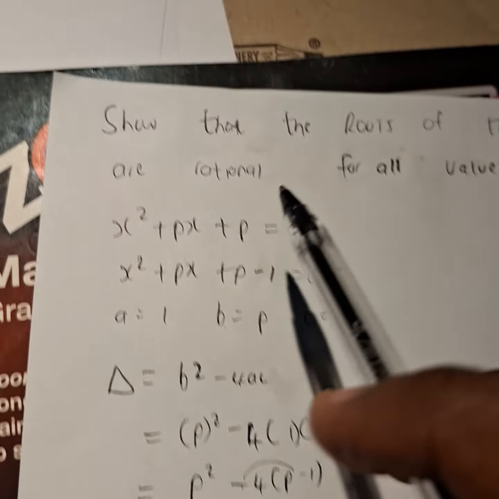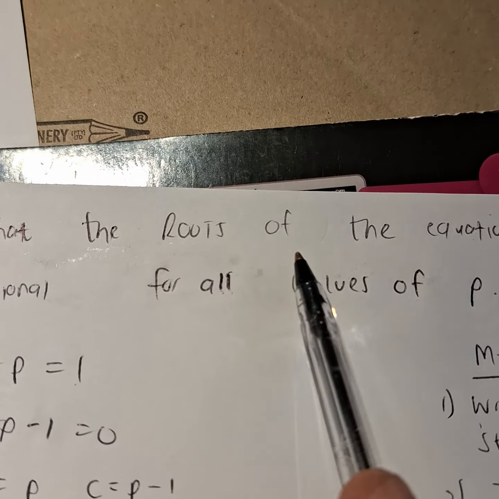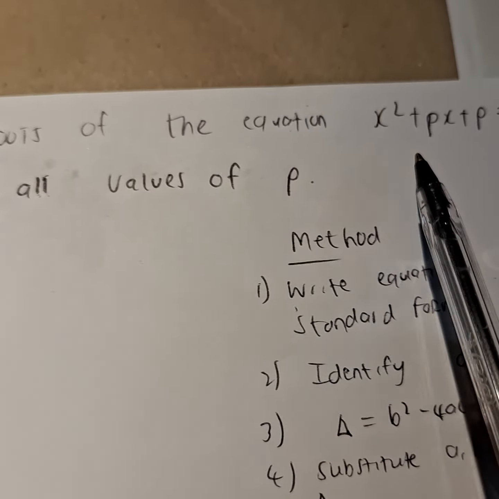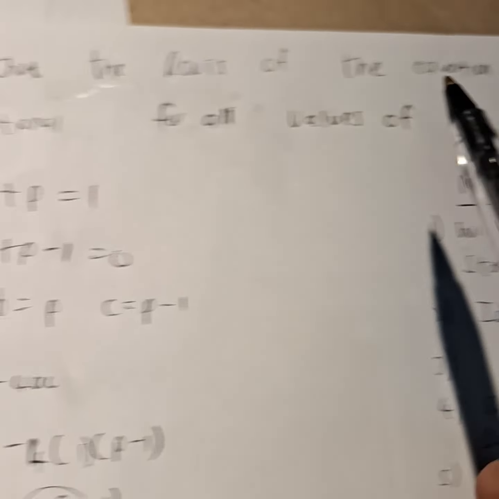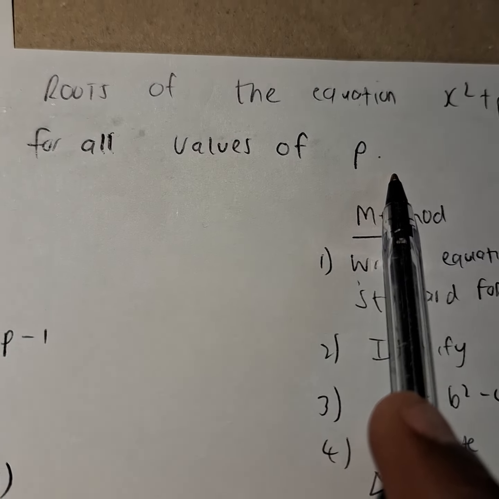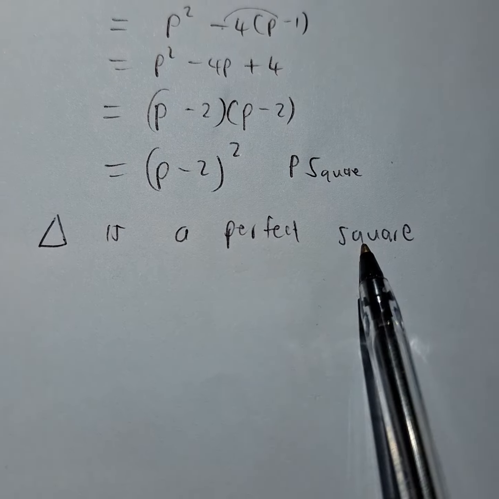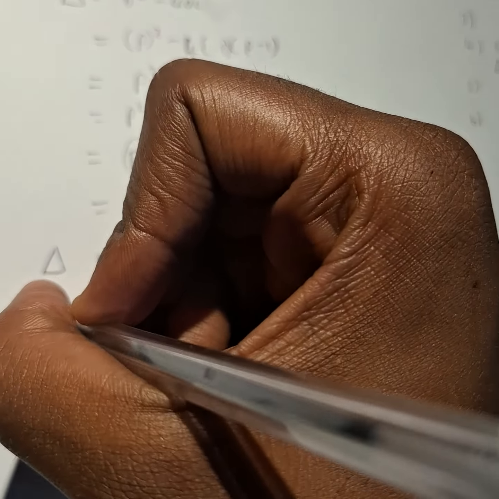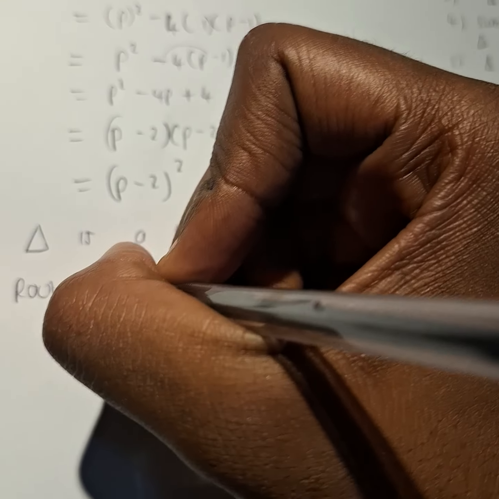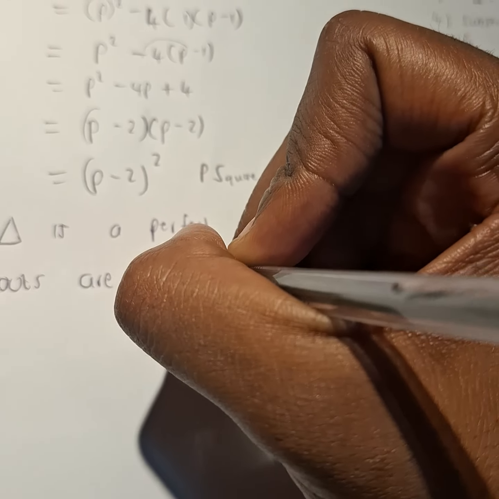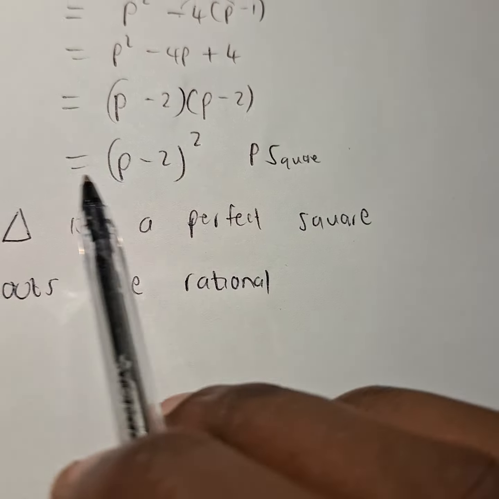And therefore, if we look at what we were supposed to prove, we were supposed to show that the roots of the equation x squared plus px plus p is equal to 1 are rational for all values of p. Now we know when the delta is a perfect square, it means that the roots indeed are rational. That we can conclude without a shadow of doubt.